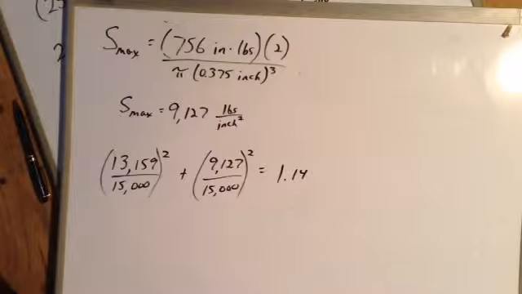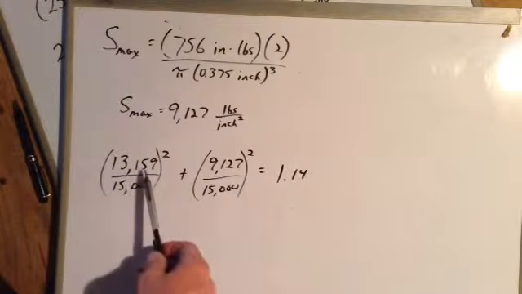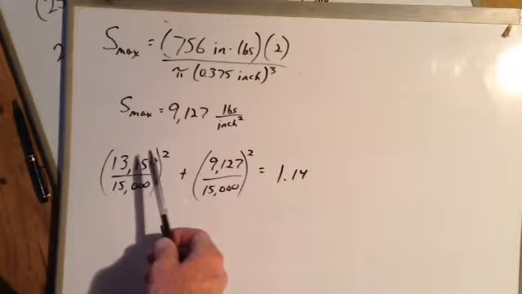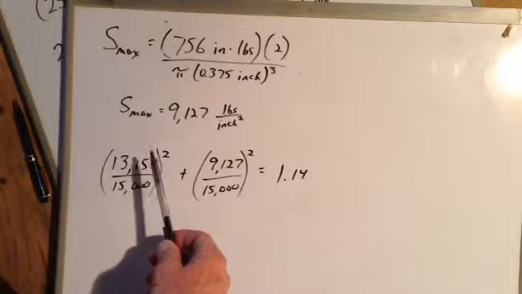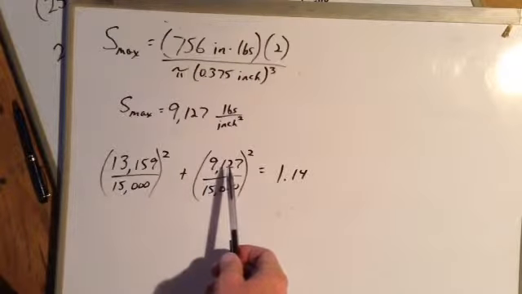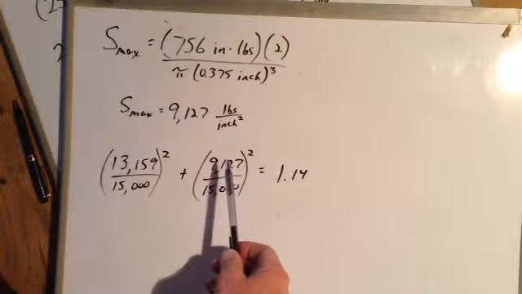So we have 13,159 psi of alternating tensile and compressive stress in the shaft, which is due to the gyroscopic torque that the propeller puts on the shaft. We also have 9,127 psi of shear stress due to the engine driving the propeller.